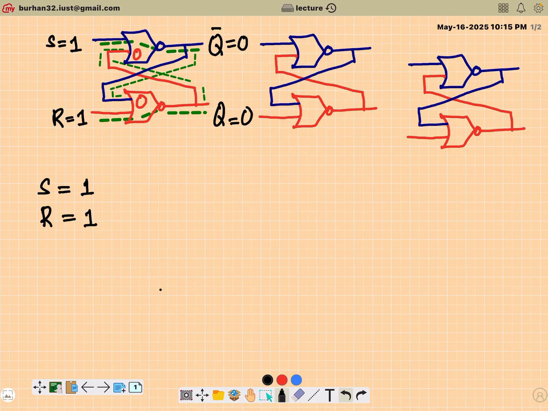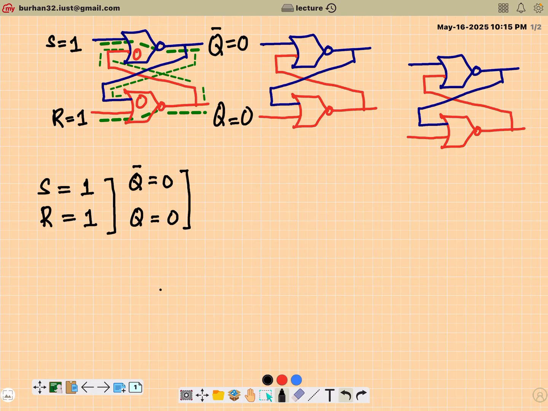So S is equal to 1, R is equal to 1. Simultaneously, Q bar will change to 0, Q will change to 0, which will then ripple back as per the feedback connection, which means the second input of both the NOR gates will change to 0.